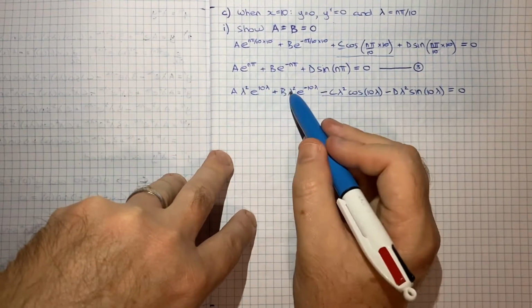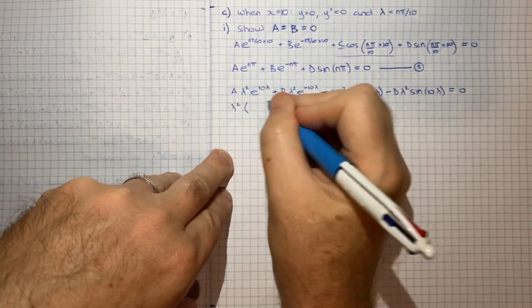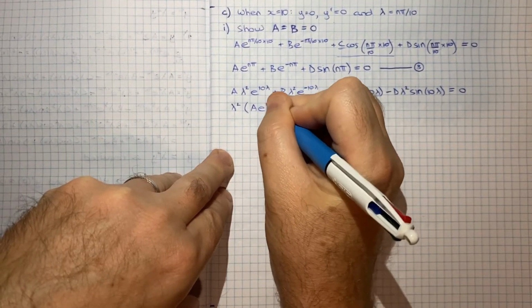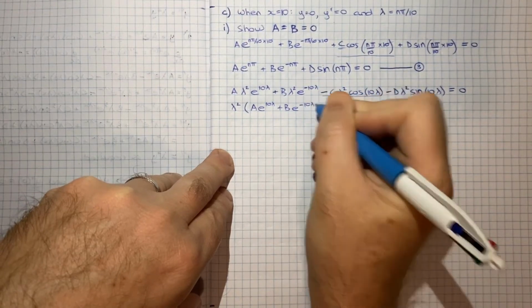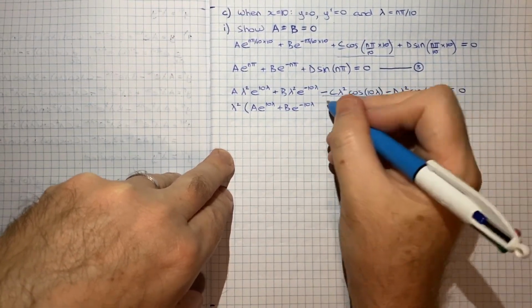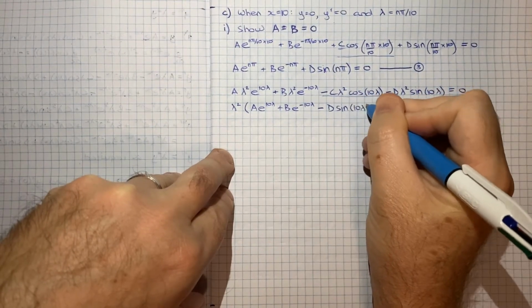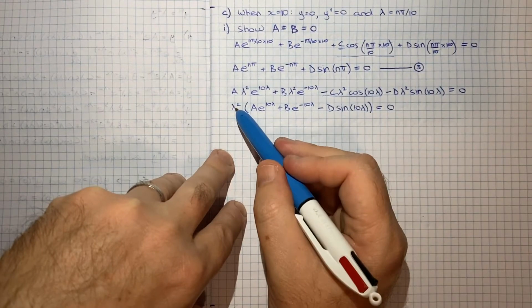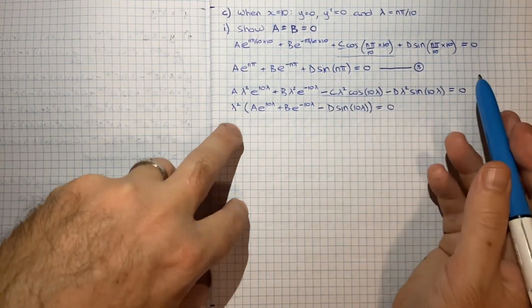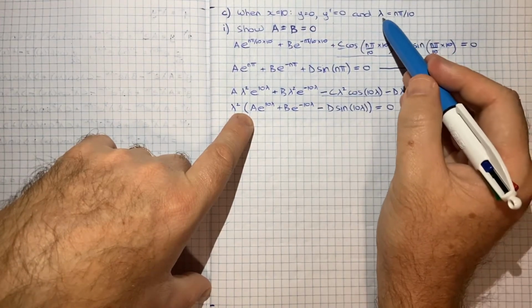We've also got a lambda squared everywhere, so I'll factor that out. So we'll have lambda squared times a e to the 10 lambda plus b e to the negative 10 lambda minus d sine 10 lambda. That's all equal to 0. Now the lambda squared can just divide out and disappear. And it's at this point now that I might as well put in my lambda equals n pi on 10.